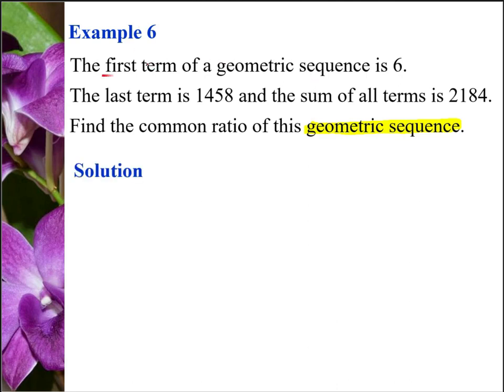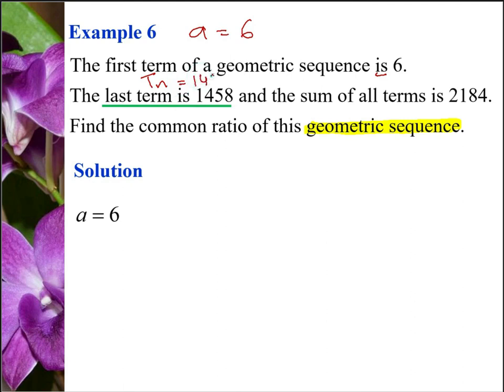First term here means a, and this is equal to 6, the first information. Next information, we have last term. Since we don't know the number of terms for this question, we just write this last term as T_n equal to 1458.